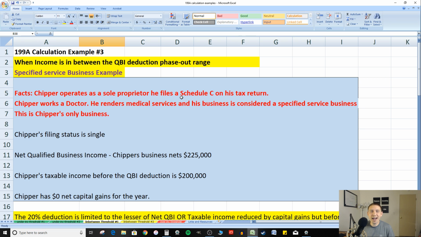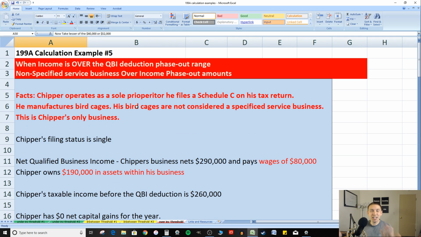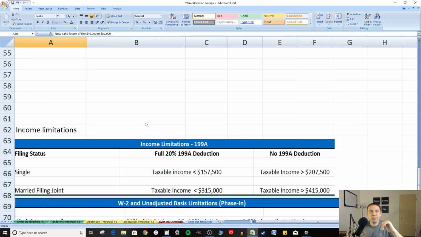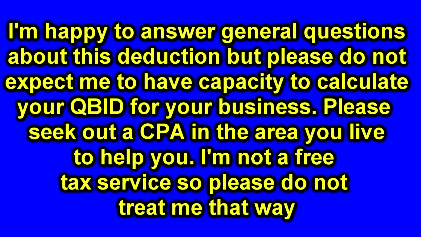And in example 5, we covered when Chipper is not in a specified service trade or business, and his income is over the phase-out amounts, and how these other tests have to come into play when we have to look at the 50% of wages or 25% of wages plus 2.5% of unadjusted basis. Hopefully this stuff makes sense, guys.